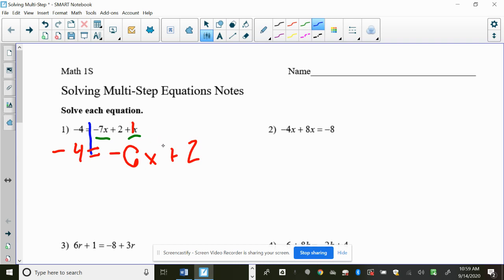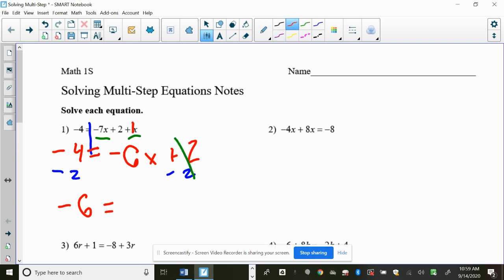So our goal is to get x by itself, where our answer is x equals something. Well, in the way, we have this +2, and we have this -6 in front. So reminder that first we're going to get rid of this +2 at the end. The opposite of adding 2 would be subtracting 2. So -4 minus 2, that's -6, equals, well, these canceled over here.